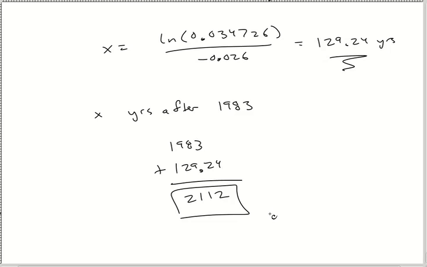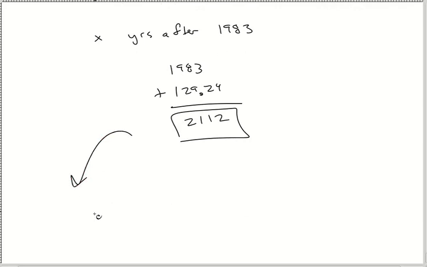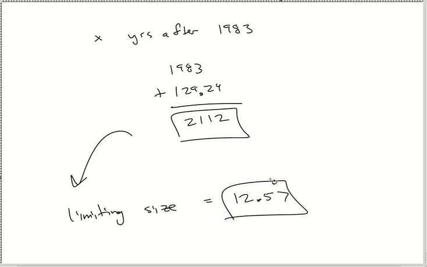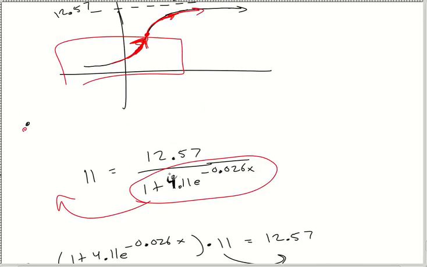Cool. I just want to make sure you understand, they might ask another question, like what's the limiting size or something like that. We're talking about the numerator of the original. Like I go way back right here. The numerator of the original is called the limiting size.